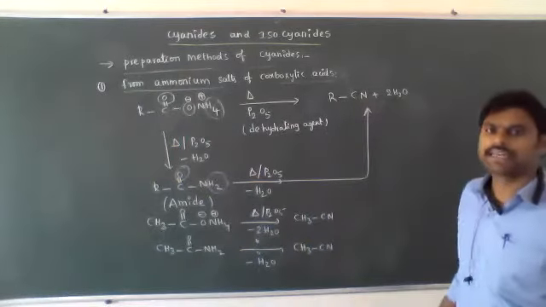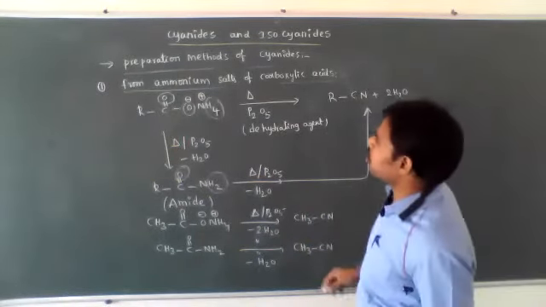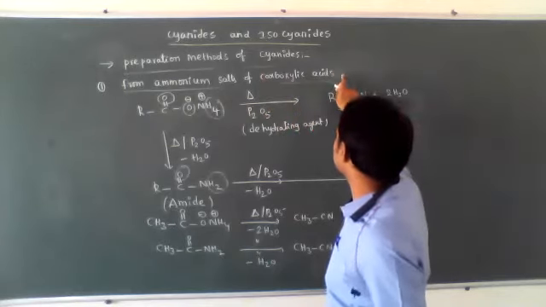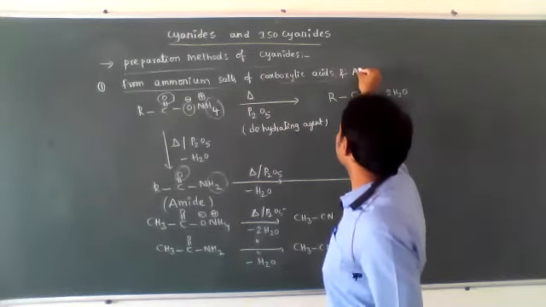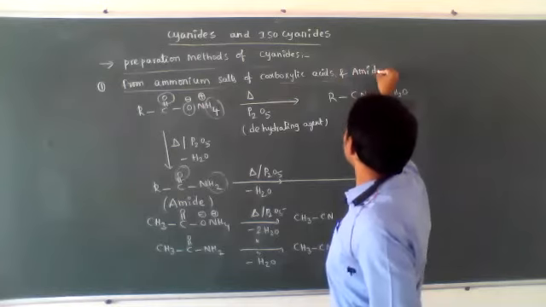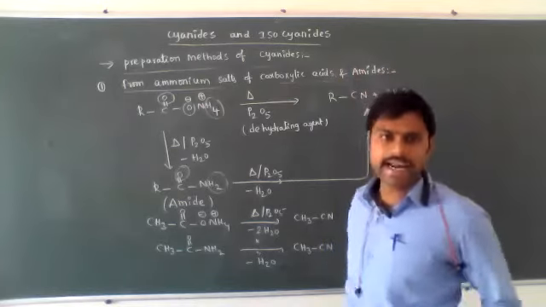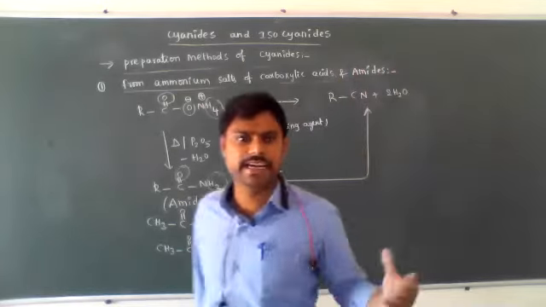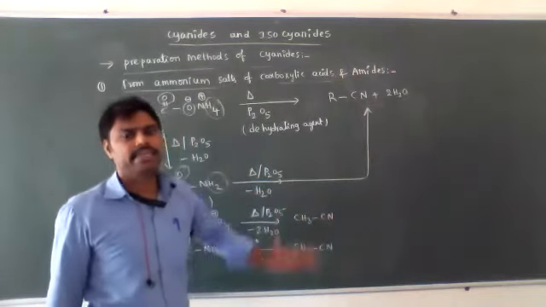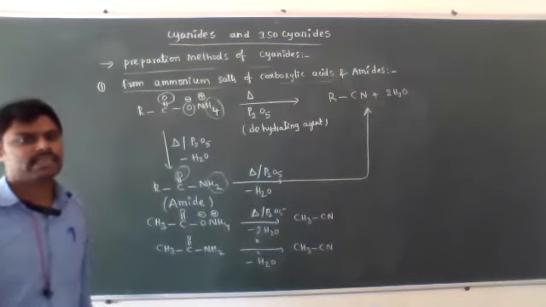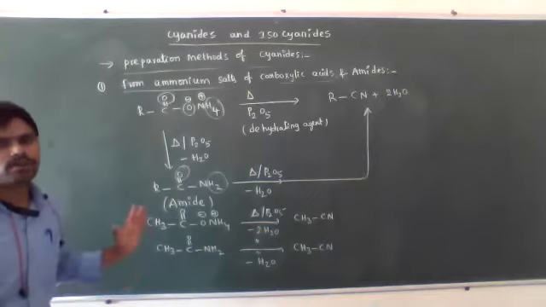So from ammonium salts of carboxylic acids and from amides, both on dehydration, we are getting cyanides. So these are important methods.